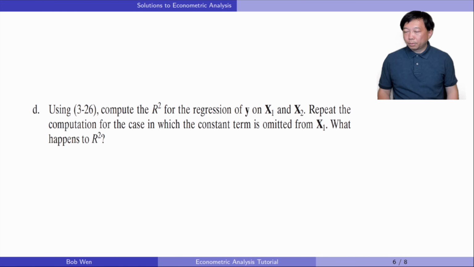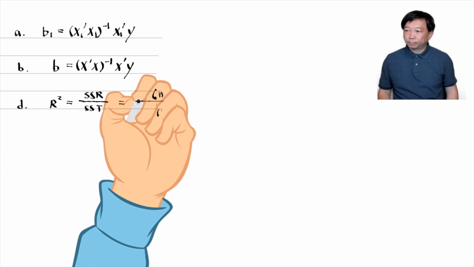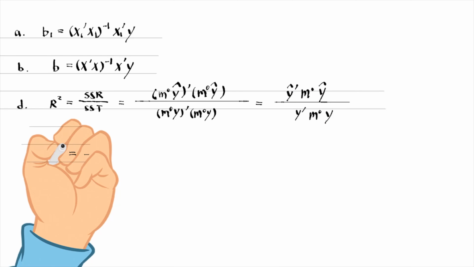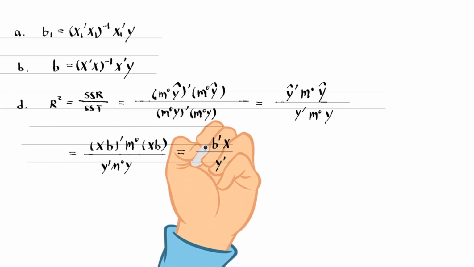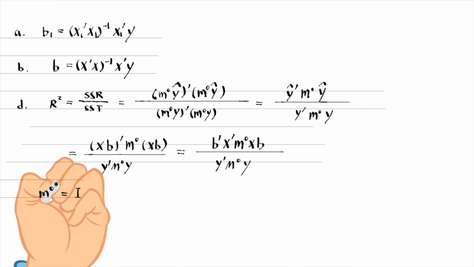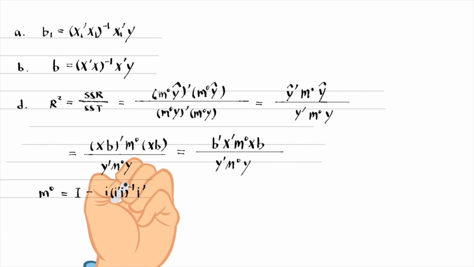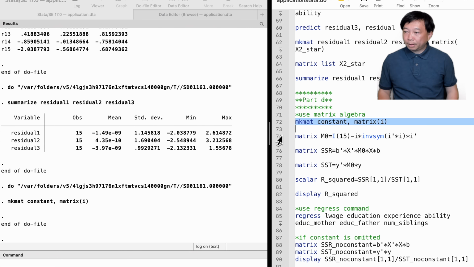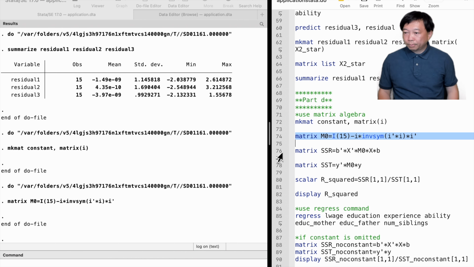In Part D, we will compute the R² by the matrix formula. We generate the matrix M0 by its definition. It contains the identity matrix, uppercase I, and the column vector of ones, lowercase i.